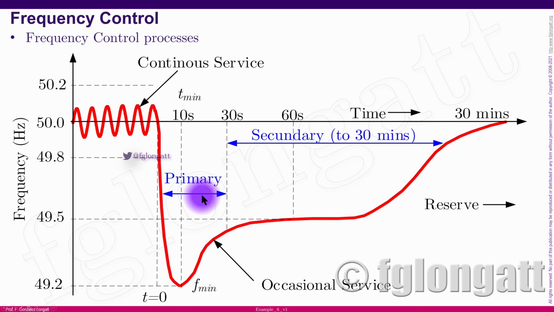The primary frequency control is basically a controller, and the objective is to reestablish the balance between generation and demand. As a consequence of reestablishing that balance, the pseudo-steady state frequency is usually below the rated frequency. For that reason, we have a secondary frequency control, and the objective of that controller is sending the frequency back to the rated frequency, okay?